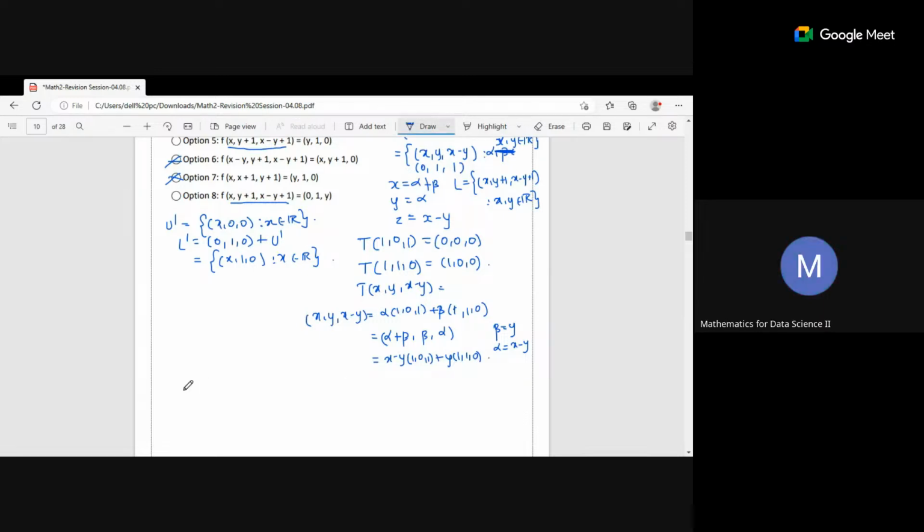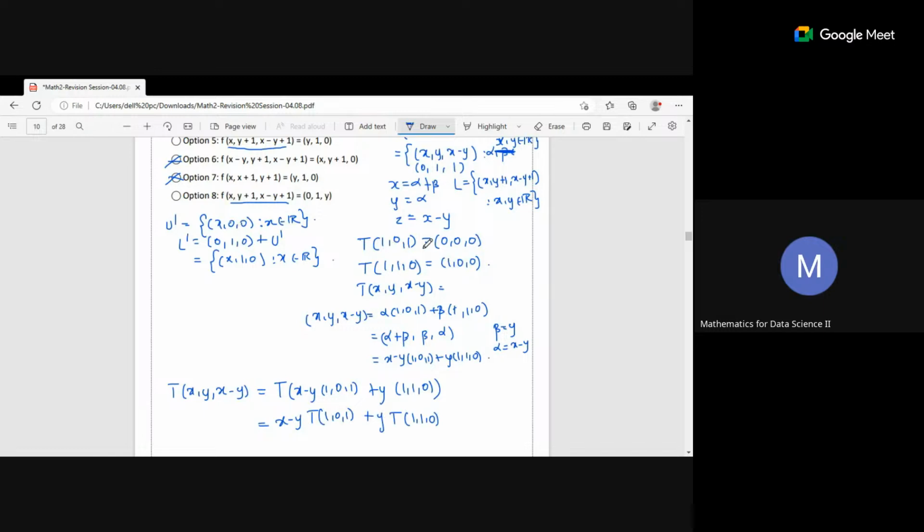Yes. Now what is your T of (x, y, x minus y)? So you have to use this representation. So T of x minus y times (1, 0, 1) plus y times (1, 1, 0). When you split this, you get x minus y times T of (1, 0, 1) plus y times T of (1, 1, 0).